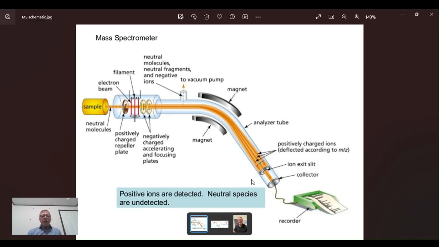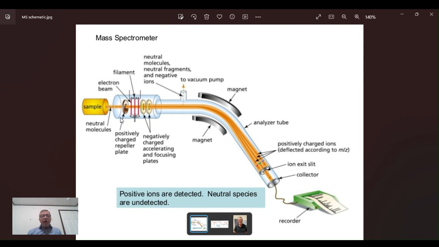Okay, here's the diagram. Here's the sample. They talk about molecules here, but they could be atoms. You've got a sample here that you have to heat up to where it's in the gaseous form. If we don't have atoms in the gaseous form, they're going to all stick together and they won't go anywhere under the charge.